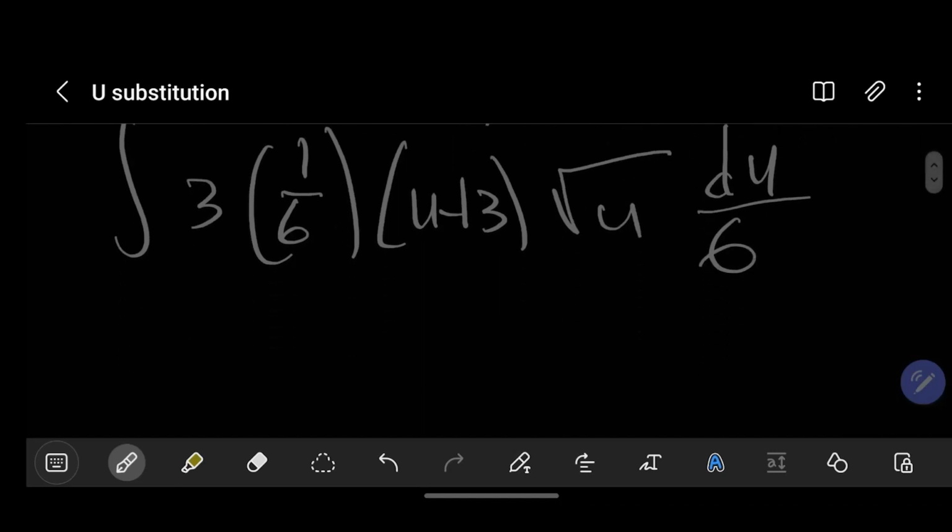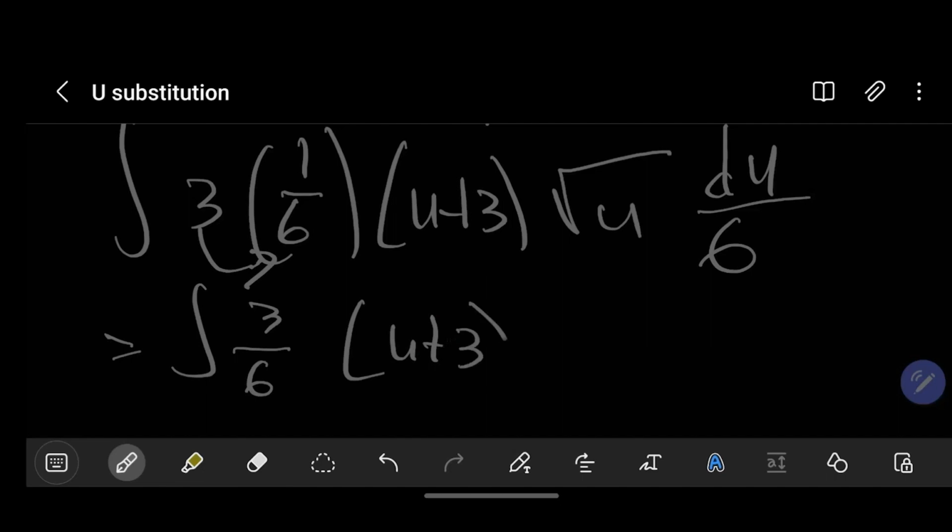Now let's start to simplify. Let's multiply this out. So we now have the integral of 3 by 6 into u plus 3. We can rewrite the square root of u as u to the half, du by 6.